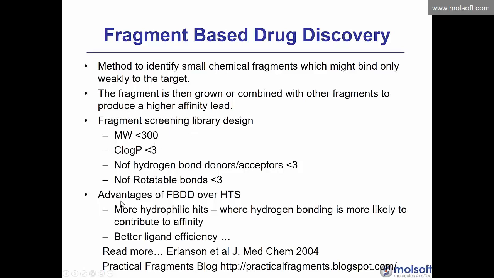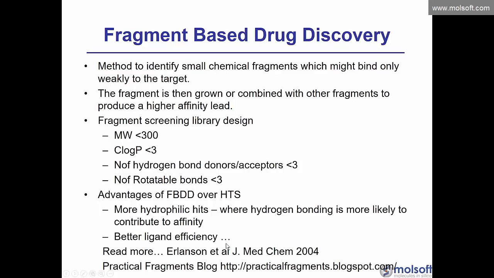There are quite a few advantages of fragment-based lead discovery over traditional high throughput screening. I would suggest there are some great papers out there, one of them listed here, and also check out the Practical Fragments blog, which is always up to date with the latest information on fragment-based drug design. One of the advantages is that you're going to identify more hydrophilic hits, where hydrogen bonding is more likely to contribute to affinity, and you're going to start from a good starting point, from a small fragment, so you can design better ligand efficiency.